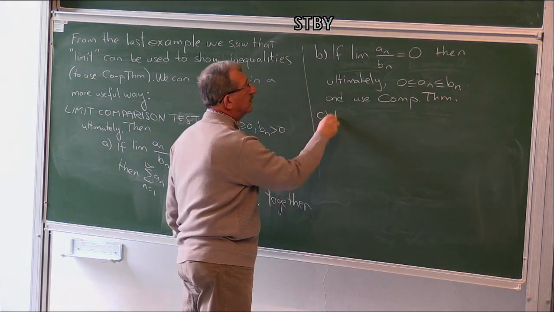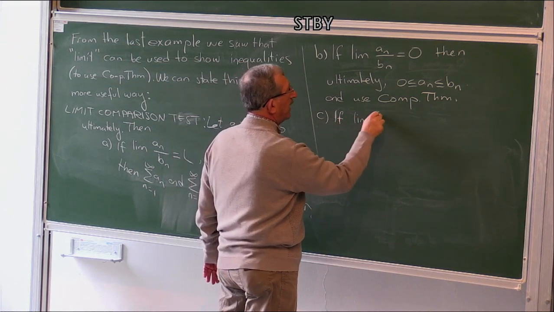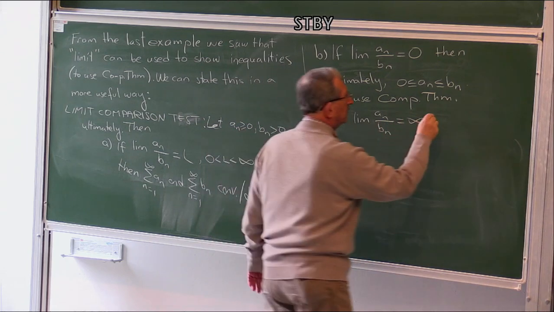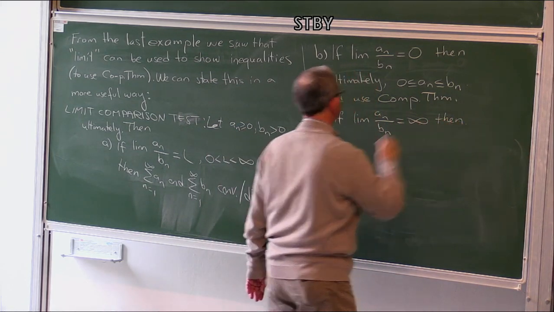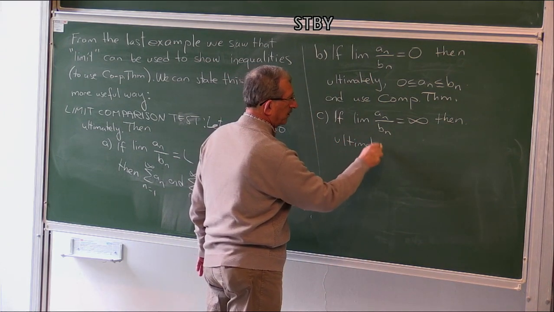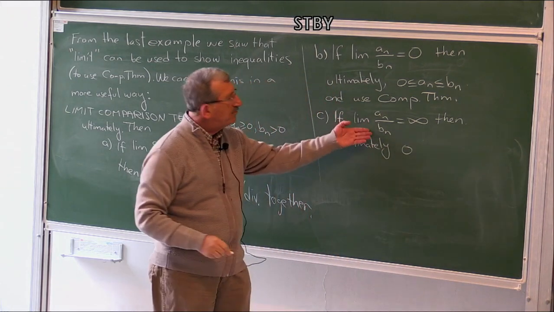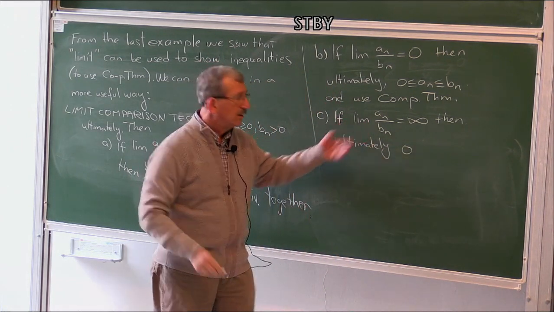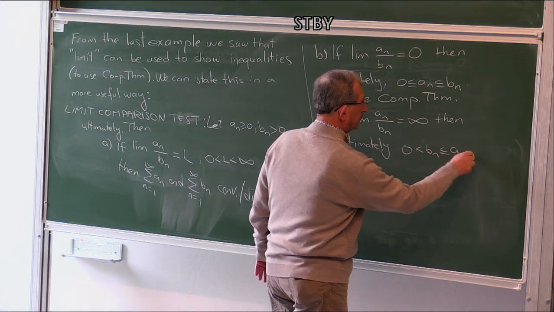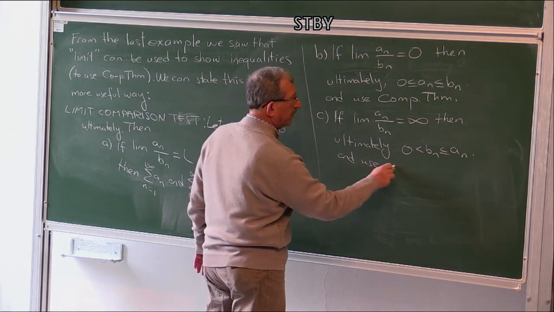And finally, if the limit of An over Bn is infinity, then ultimately again, this time An's are bigger than Bn's, and of course, again, use comparison theorem.